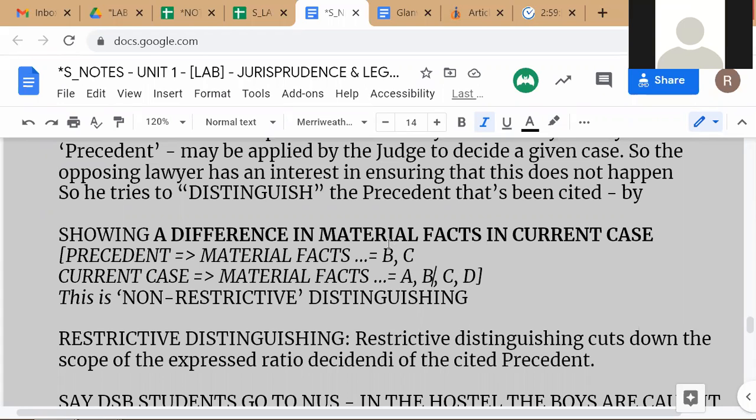So maybe we go back to the Virsa Singh case, where you have a scuffle between two parties, and one party gets severely injured, and that injury can lead to death, and that is being cited. The same thing happened with your client, but maybe you can show that something else also happened.